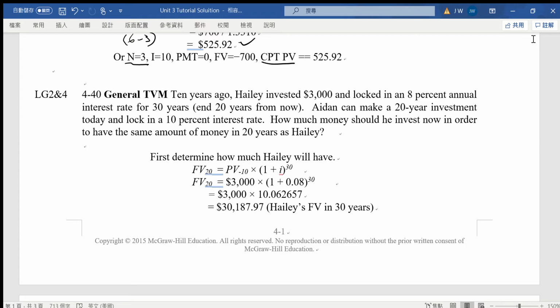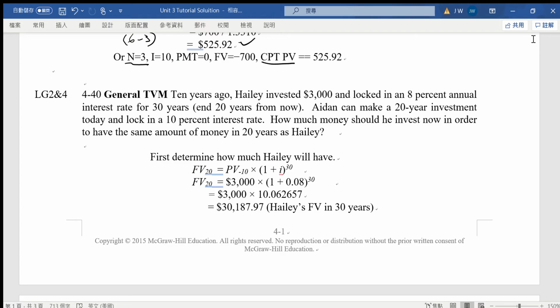For this one, you'll find that Agent wants to make the same investment, but he just has 20 years to accumulate the amount, and the interest rate is also mentioned, which is 10%. Okay, and it asks how much he should invest now in order to have the same amount as Haley in 20 years.